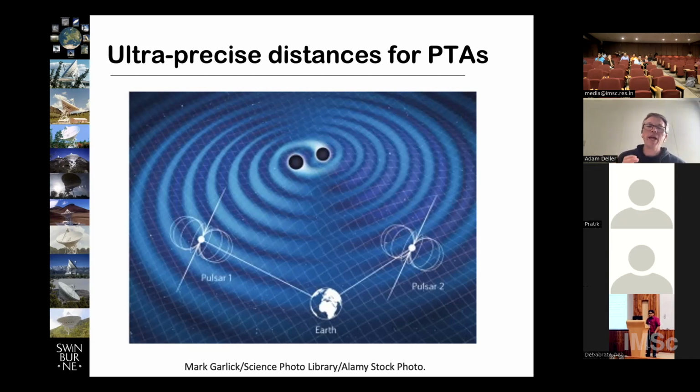Then we can calculate, if we have a source of known position, of known frequency derivative, if it's an evolving source, and we know where we are and where the pulsars are, we can calculate not just what the effect is of that gravitational wave passing the Earth, but also what the effect is of the gravitational wave passing by each of the 2 pulsars in our pair that we're cross-correlating.